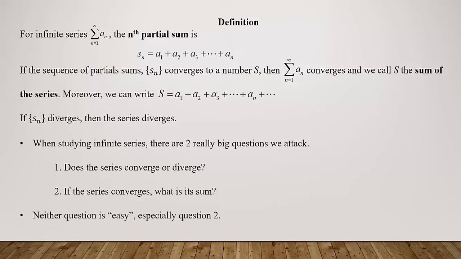Now, folks, neither question is easy, especially question 2. In fact, quite often, we're going to know that a series actually converges, but we don't know its exact sum. We could have an approximation, but we don't know its exact sum.